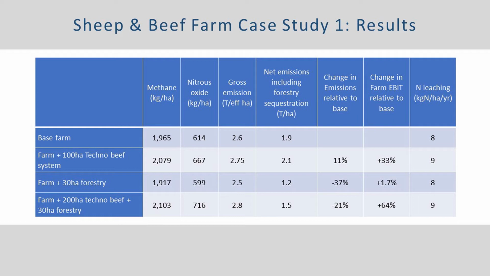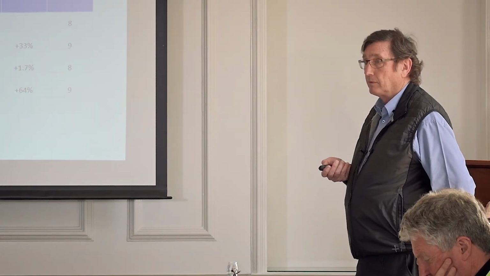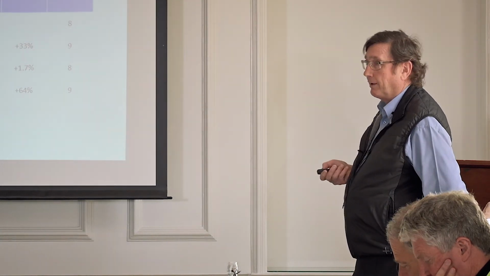So our net emissions went up to 2.1. In percentage terms, our emissions went up 11%, but our profitability went up by 33%. So as I said, they got pretty keen. They weren't too worried about that, but they were very keen on that idea.